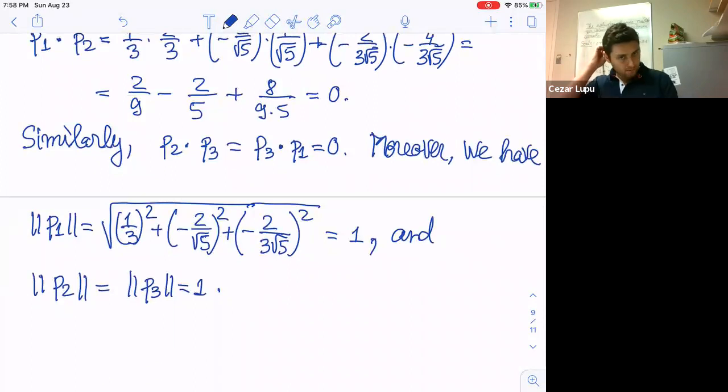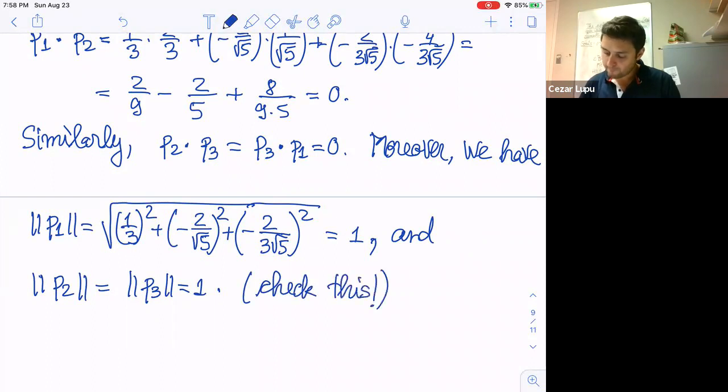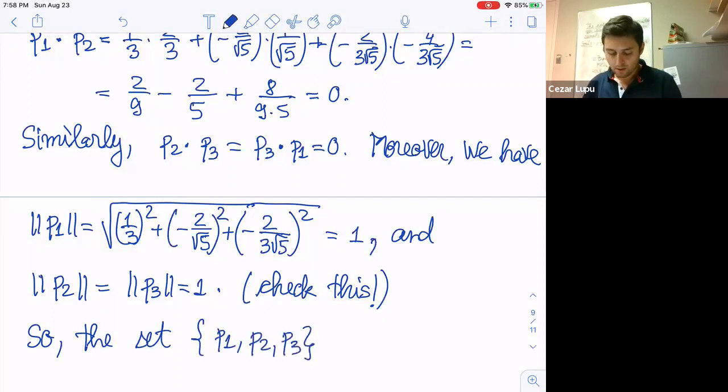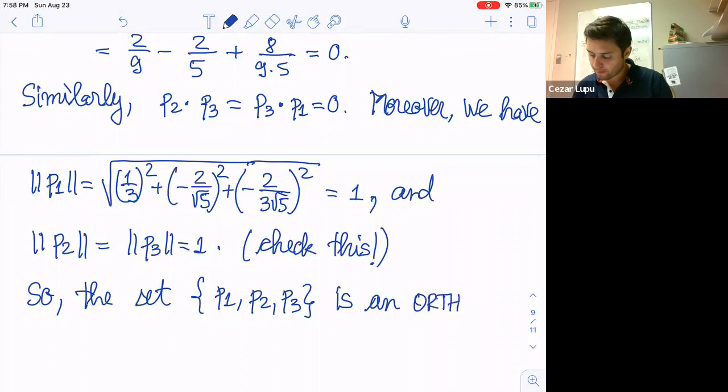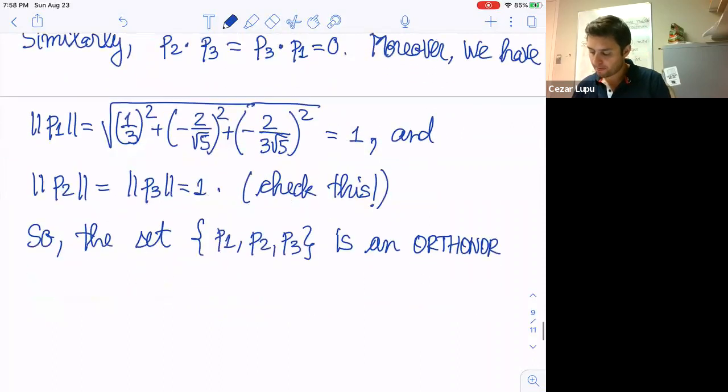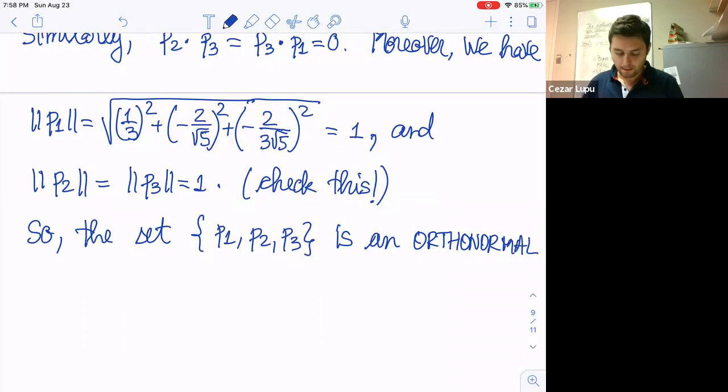So let's check this. This implies that the set consisting of P1, P2, and P3 is an orthonormal set. And keep in mind, we have used the above theorem.